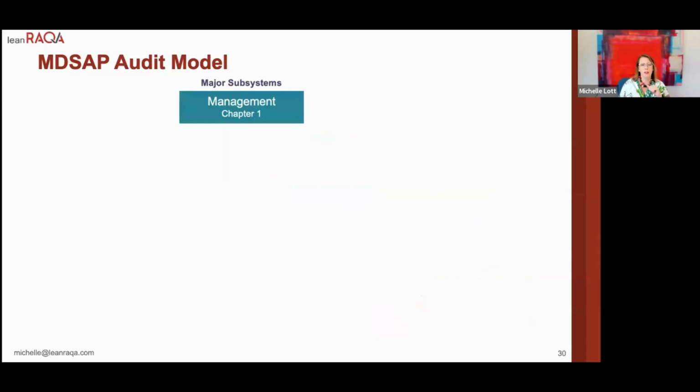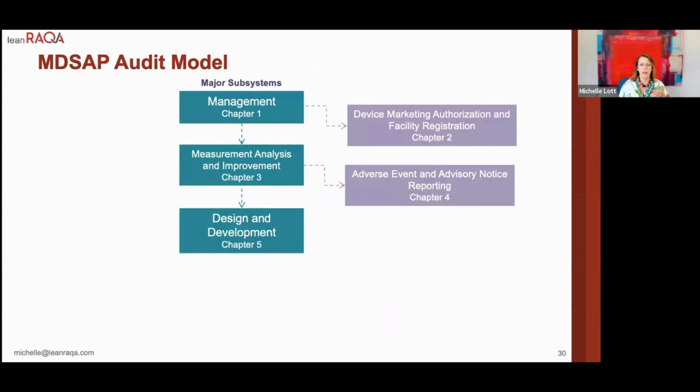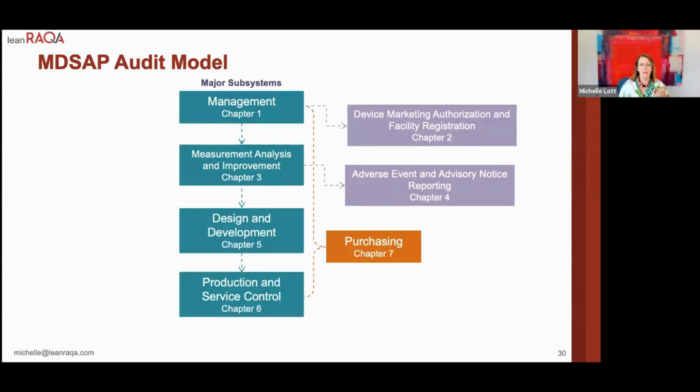So if we look at the MDSAP audit model, it's based off major subsystems, and then the major subsystems lead into related or secondary subsystems, and they're broken down into chapters, and some of them go across multiple chapters.